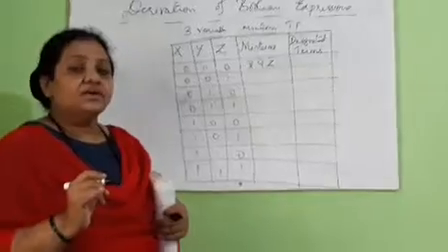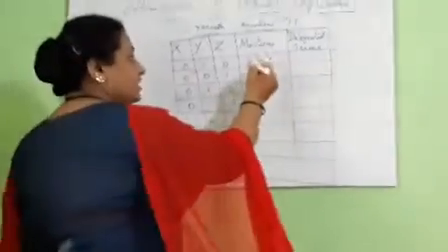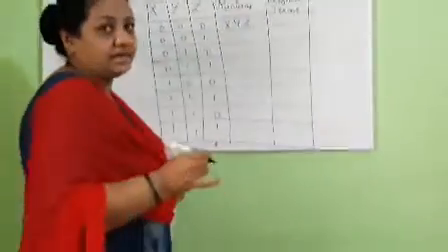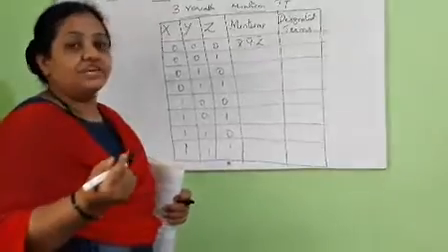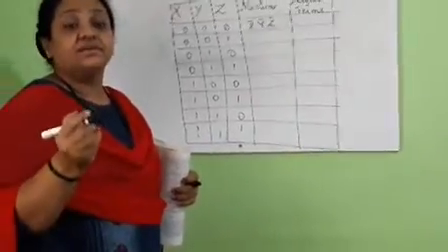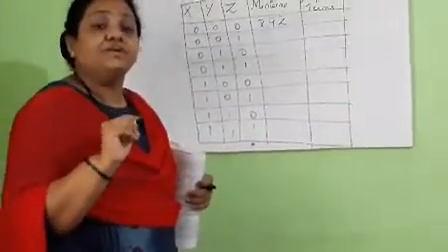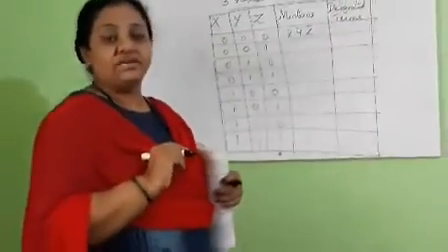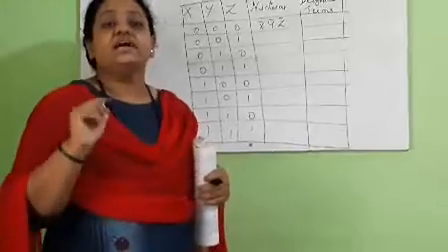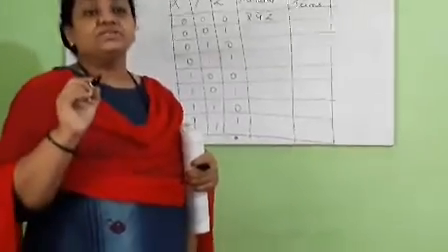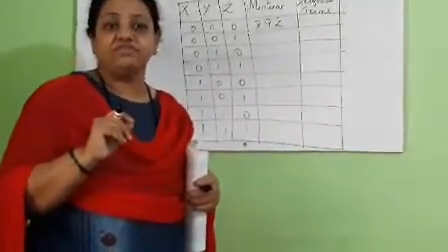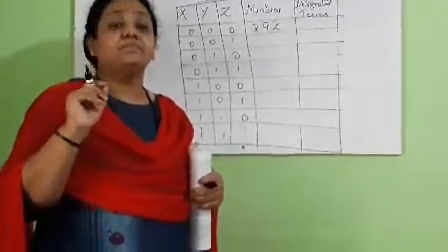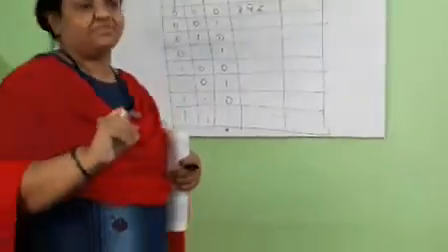Why are we writing it like this? A minterm, as I told you, is a product. When do we get a product? When we multiply. So it's a product of all literals, as we know in Boolean algebra. We get the product by performing the AND operation.